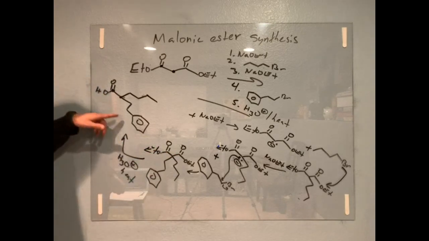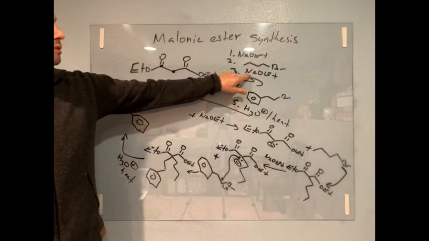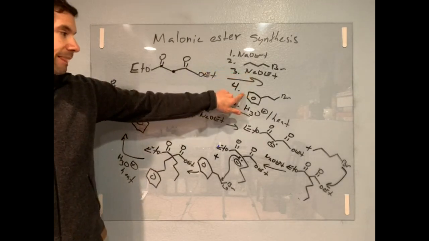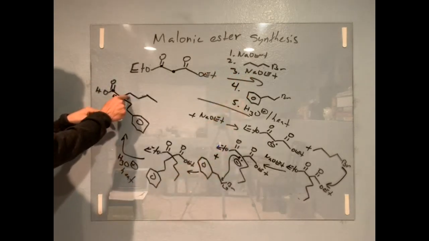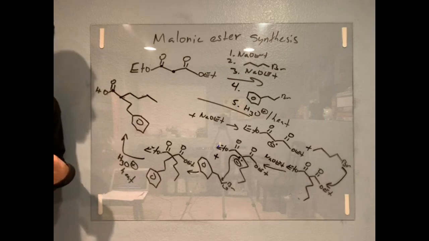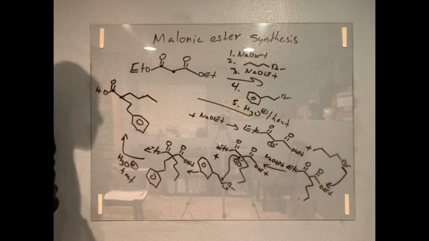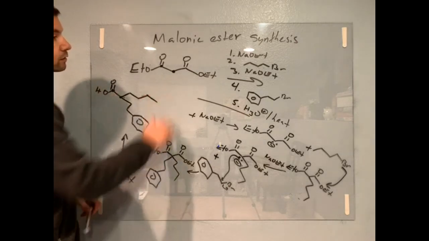So what's nice about this too is if we incorporate these 2 more steps, using base again and then using our alkyl halide, we can actually add 2 groups in here. Not just one, but we can add a second group in there, right? And then do the hydrolysis with H3O plus and decarboxylation, right? So we can do this over 2 steps so that we can make these functionalized ones, right?